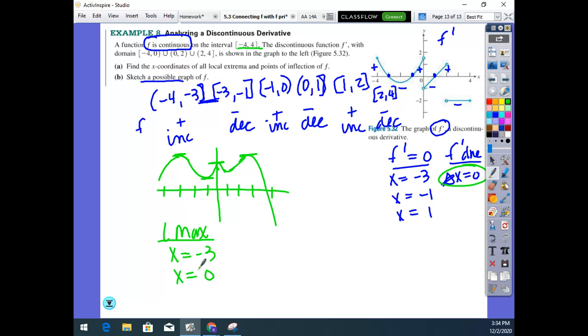And local min, x equals -1, x equals +1. I think I got too many humps here, but all right, that's kind of our general gist. And I think we're done.